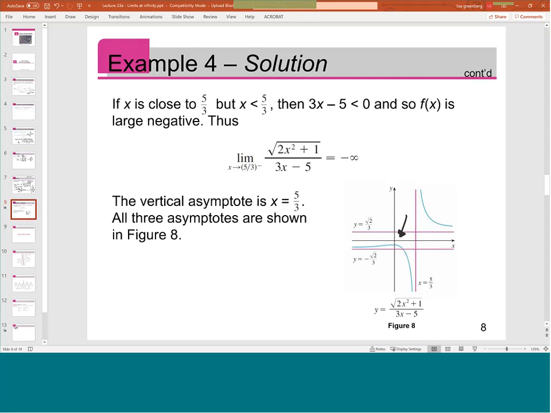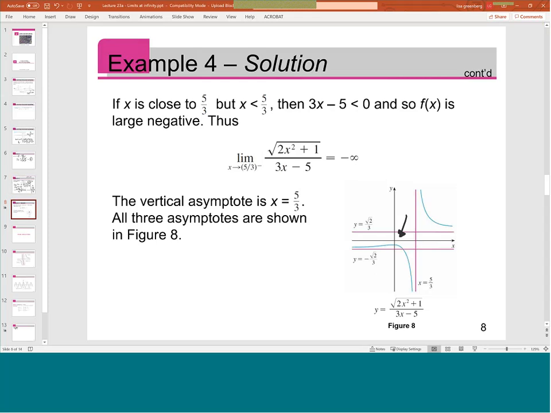So we won't need to know exactly if it's on the top or the bottom of the asymptote. You're not graphing anything yet. In this class, we will not be graphing these things. You will be graphing things in calculus.